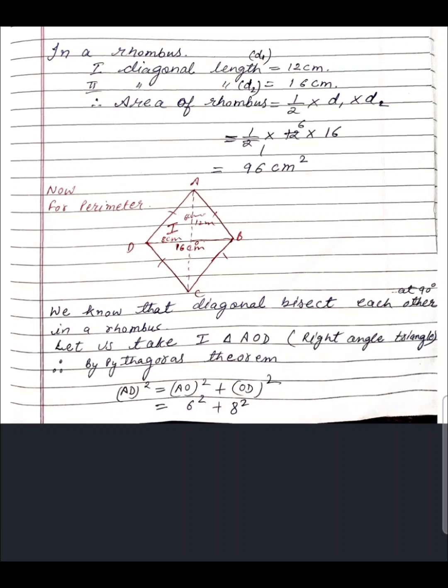And in the right triangle, see, the base and perpendicular is known to us. Full length of the first diagonal is 16, so OD will be 8 centimeter, and another side, that is AO, will be equal to 6 centimeter, because 12 divided by 2 will be 6 centimeter.